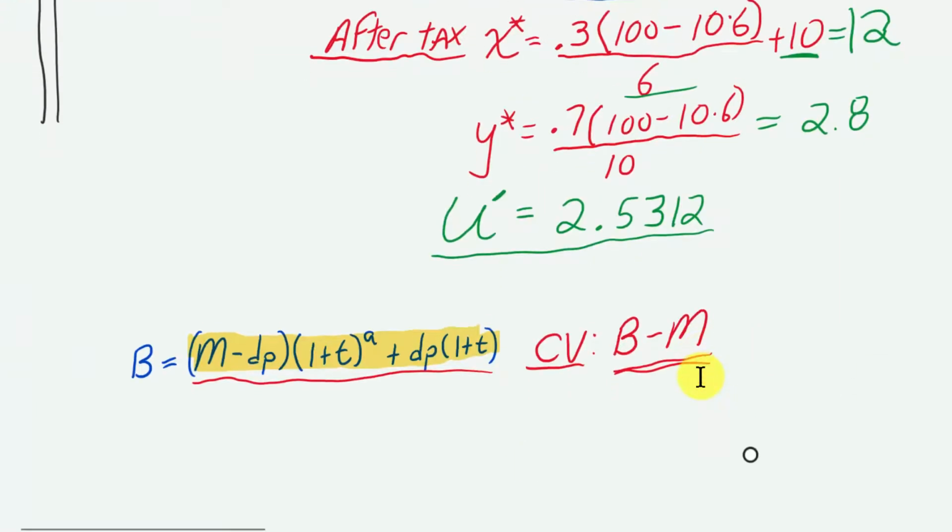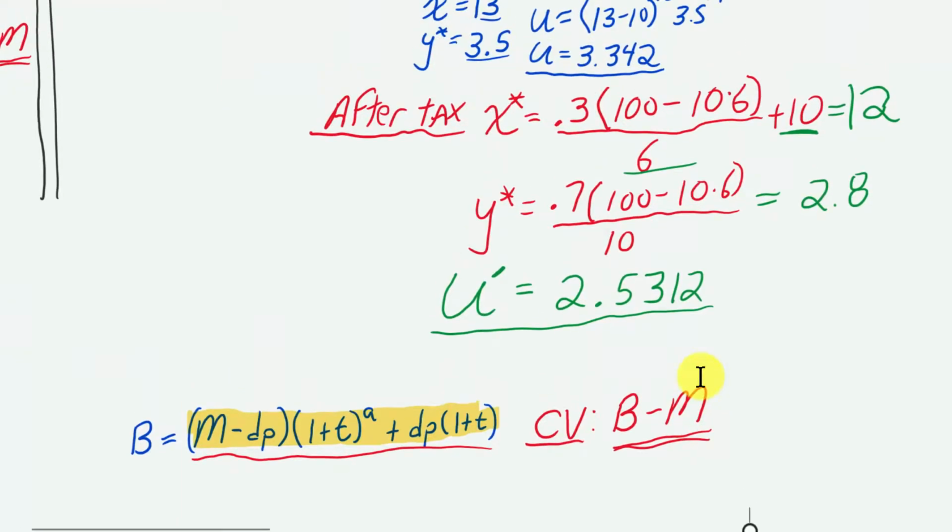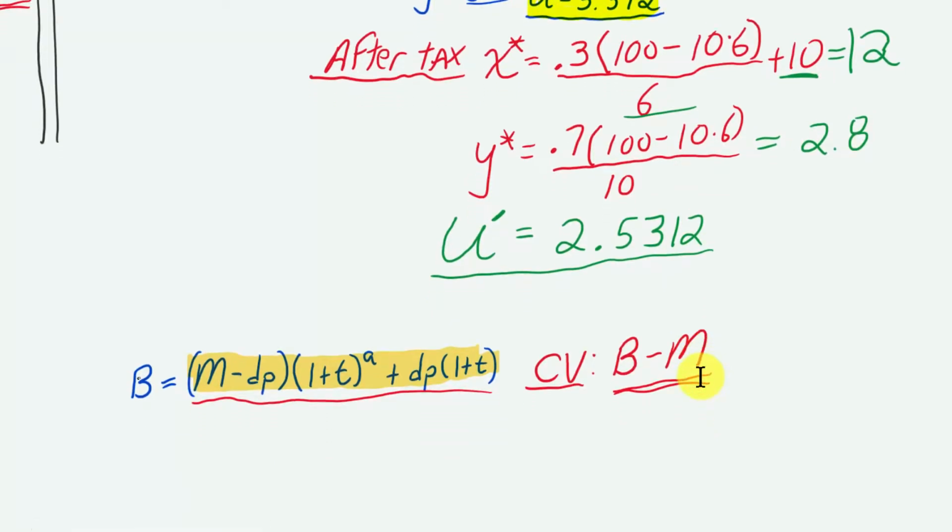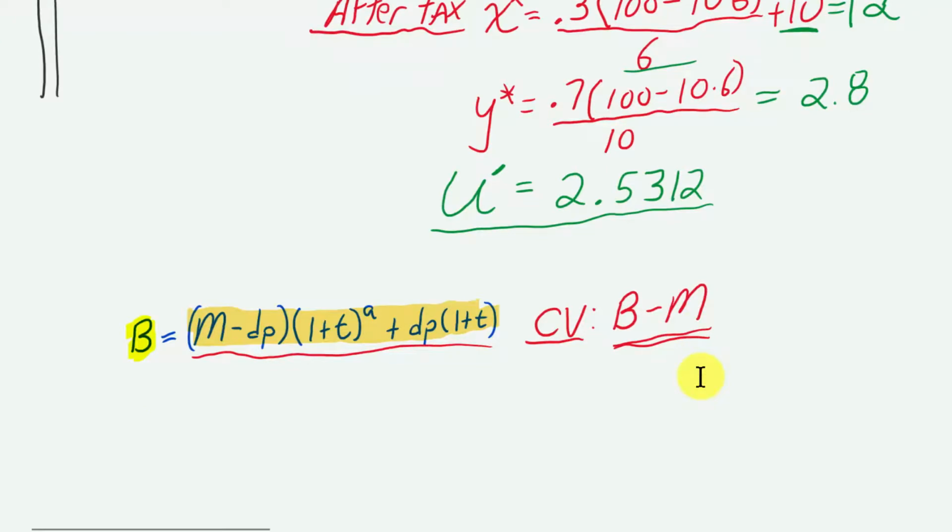Well, it says that if we want to get back to the old level of utility, 3.342, that instead of giving this person $100, we should give them this B. So let's plug in and see what this B turns out to be. $100 minus DP, so that's our old disposable income, so 10 times 5, times 1 plus t, 1.2, raised to the alpha, 0.3, plus dp, 10, times 5 times 1 plus t.